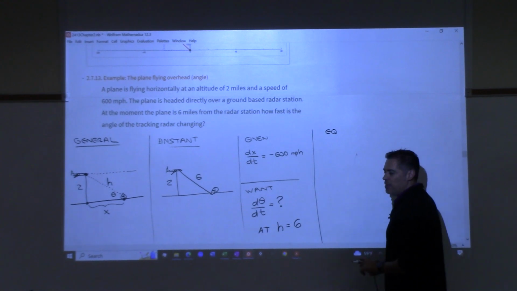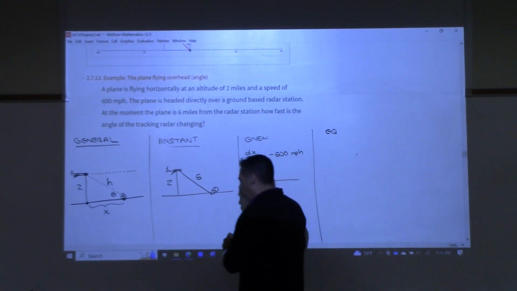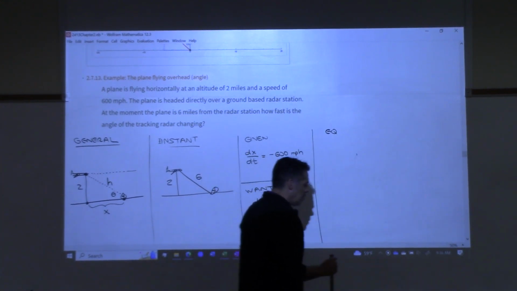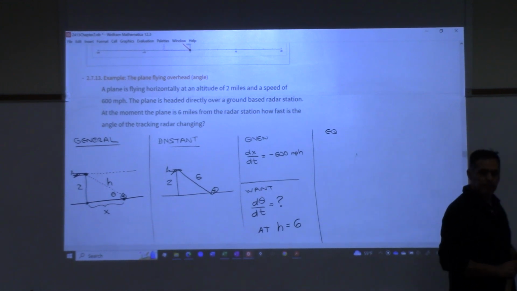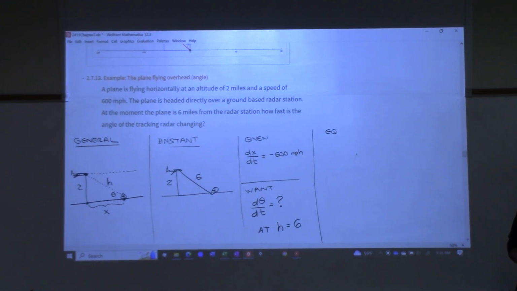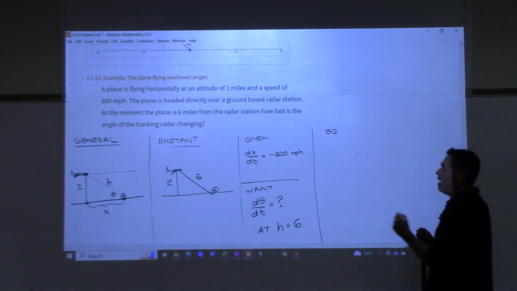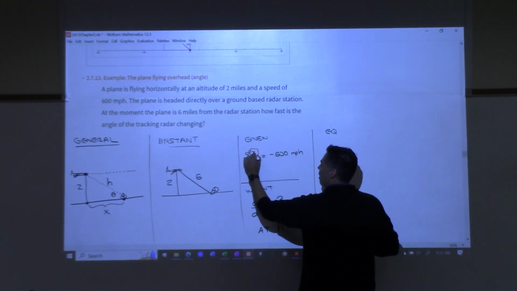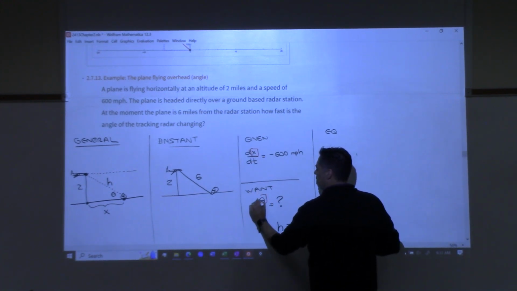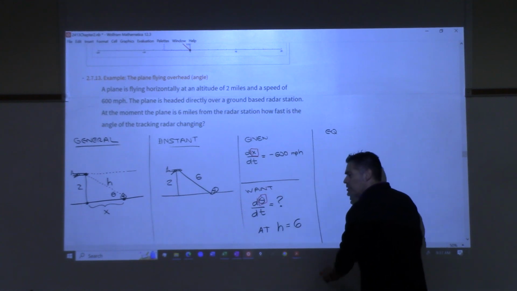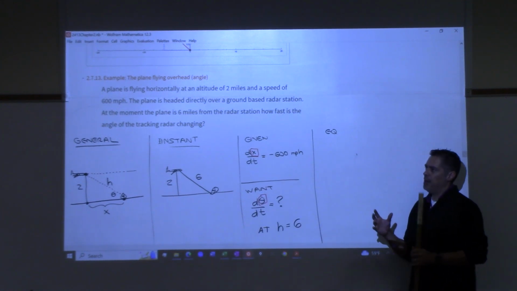Any equation you can think of that relates what things together? What do I have to connect here? x and theta. That's it. Give me any equation connecting x and theta together. Do y'all understand? This is kind of the bigger picture.